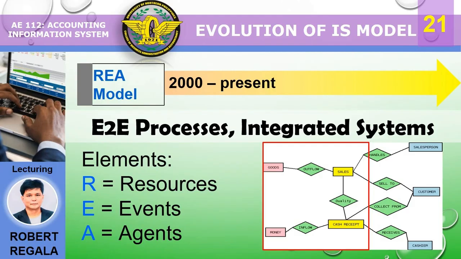The competing XBRL GL standard, however, is at odds with the REA concept, as it closely mimics double-entry bookkeeping. REA is now recognized by the Open Group, OG, within the TOGAF standard, an industry standard enterprise framework, as one of the modeling tools which is useful for modeling business processes.